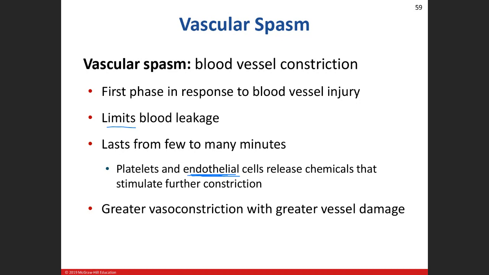So the first part, spasm, which causes vessel constriction. This is almost like a positive feedback type of system, because as these endothelial cells release chemicals, they're going to continue to further the constriction. It's a positive feedback reaction, until we can stop the blood flow in that area.